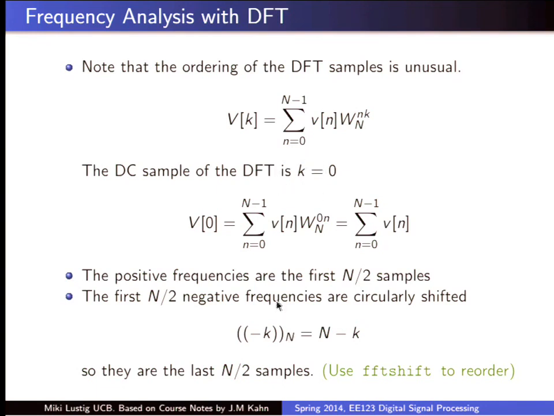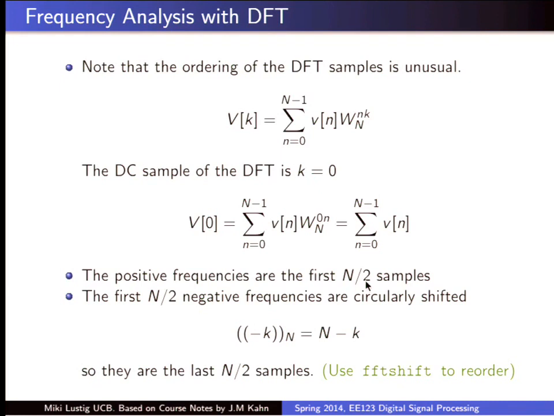And so what happens is that the positive frequencies of the DFT are in fact the first n over 2 samples, and the second half corresponds to the negative frequencies. In order to display nicely, we compute the DFT and then do an FFT shift, which takes the last n over 2 and flips it, putting the negative frequencies in the right place for visualization.